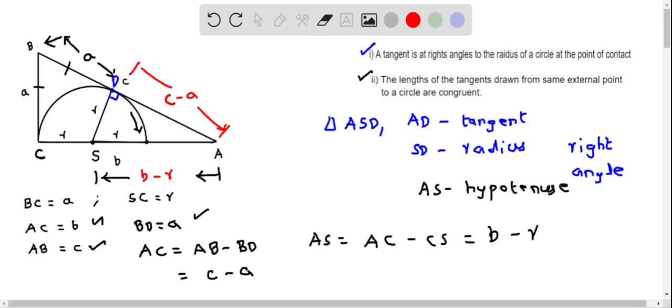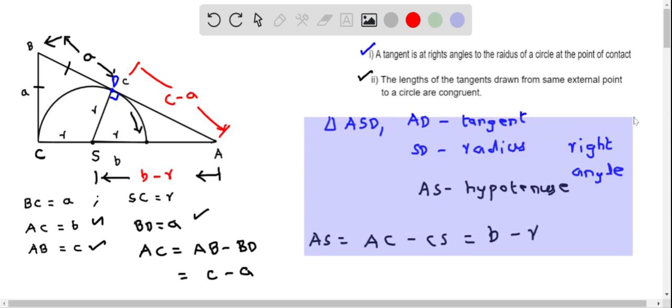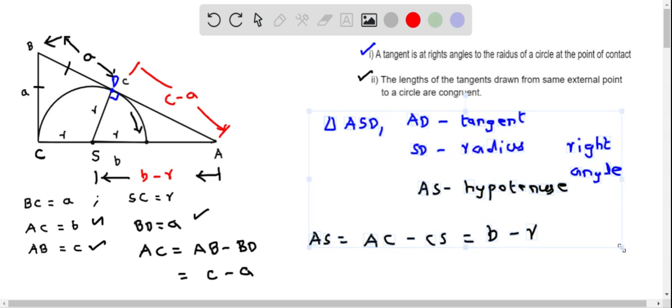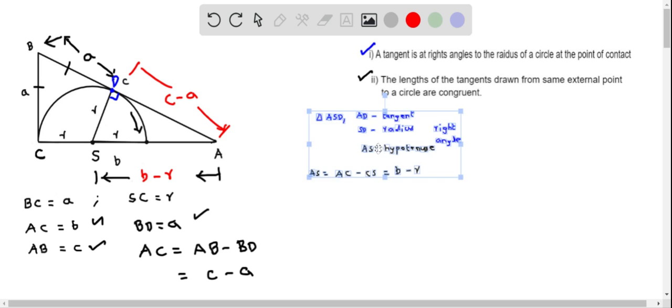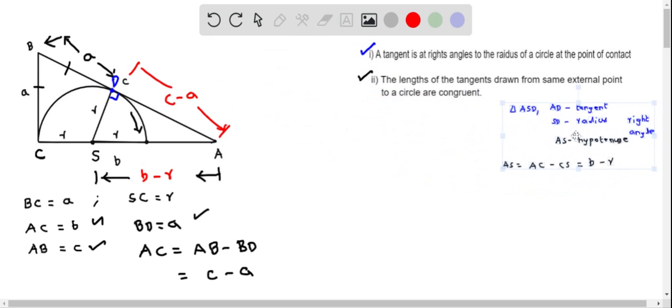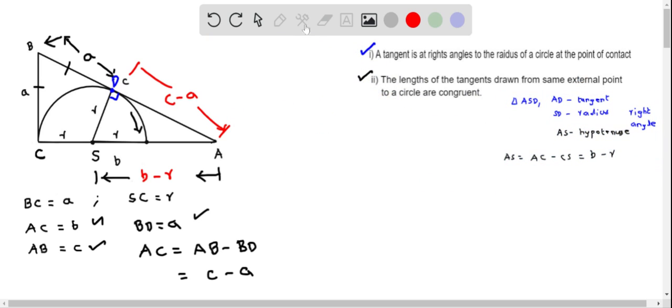Now we have all the information that we need to apply the Pythagorean theorem in the triangle ASD. Now let's apply the Pythagorean theorem in the triangle ASD.